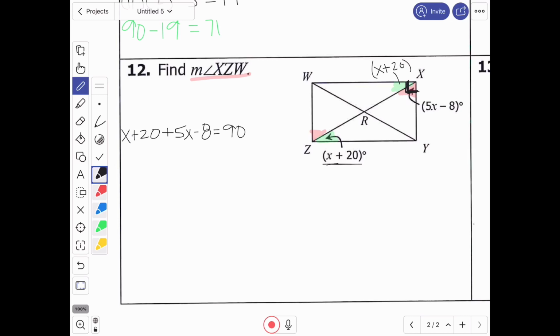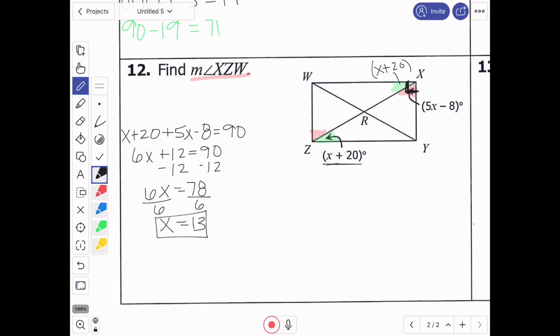Then I combine like terms, so I get 6x plus 12 equals 90. Subtract 12, and I get 6x equals 78. Divide by 6. x turns out to be 13.